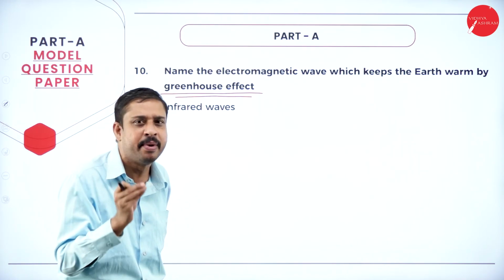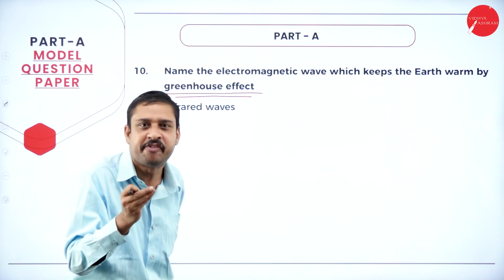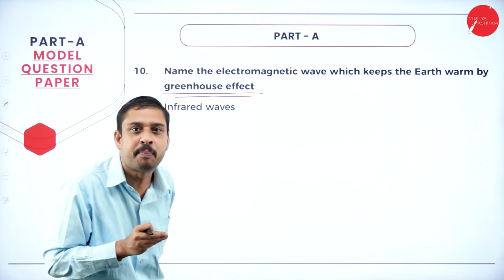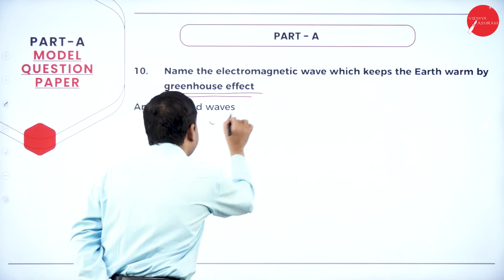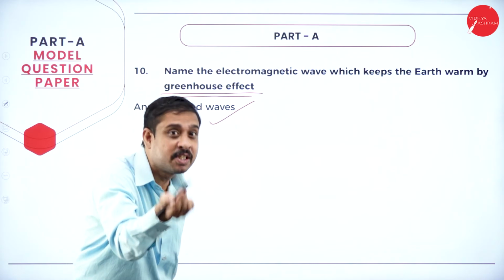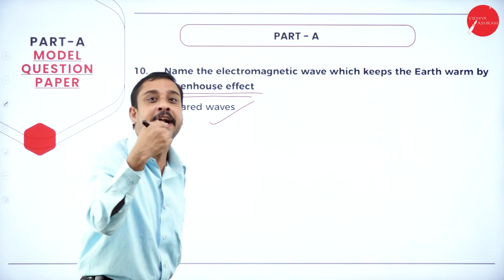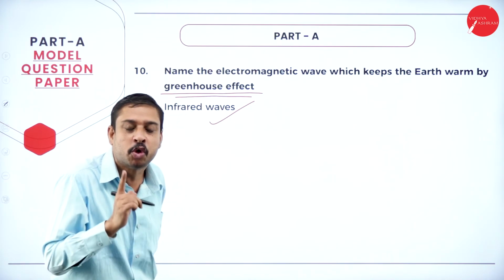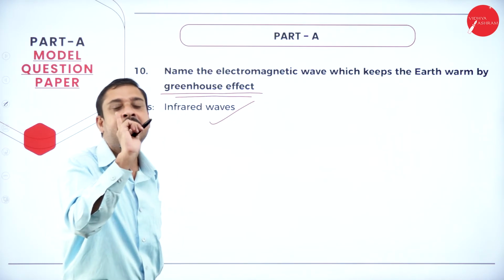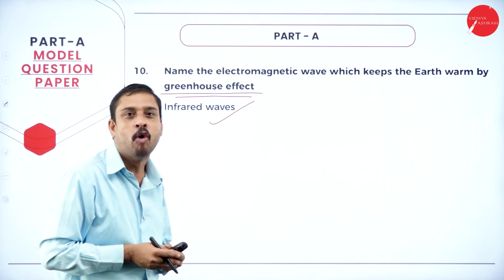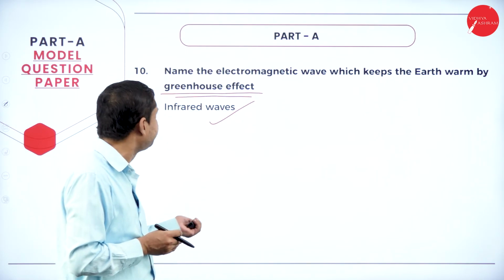It is just remembering. So greenhouse effect. Which radiations are used to keep the plants warm? It is infrared waves. Similarly, questions may come on ultraviolet rays, radio waves, visible light. So you need to understand the application of each electromagnetic radiation.